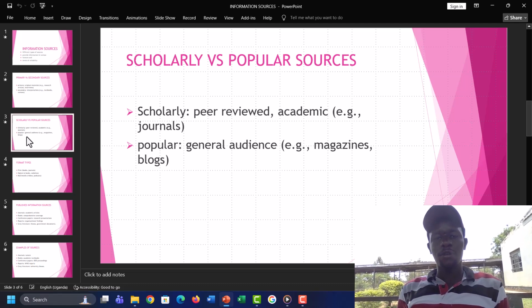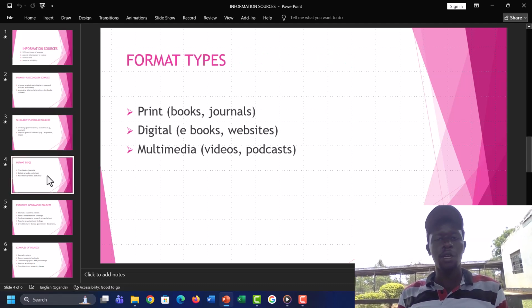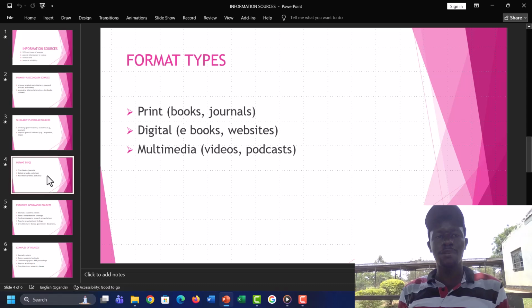Popular information includes general guidance, for instance magazines used by the general public, to look at how activities are taking place in institutions, or even in cities, how those cities are developing and how places are going to be developed. And now we look at the formats in which this information comes, which may be in different ways.